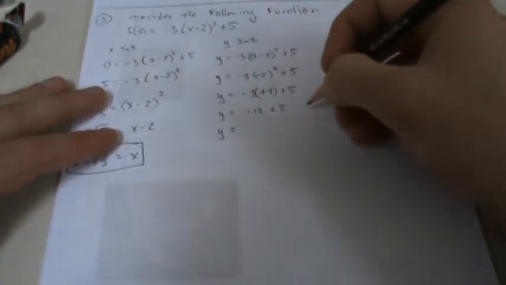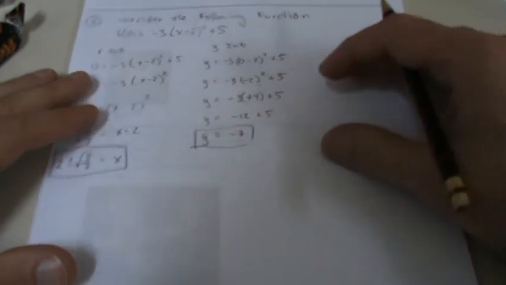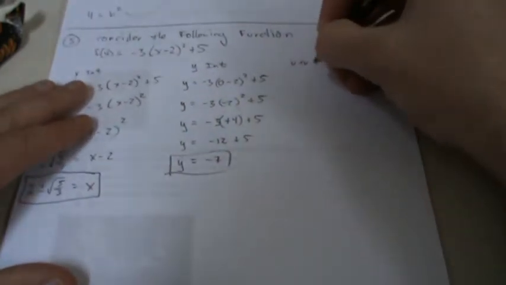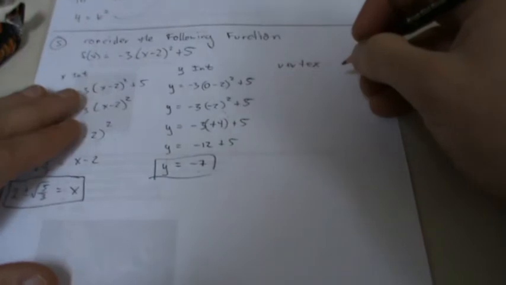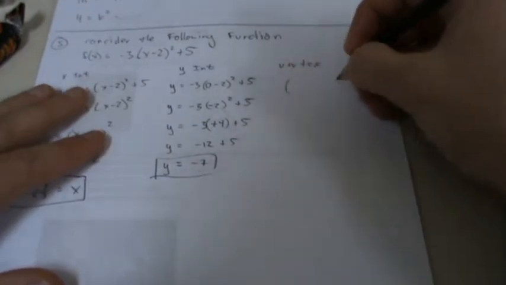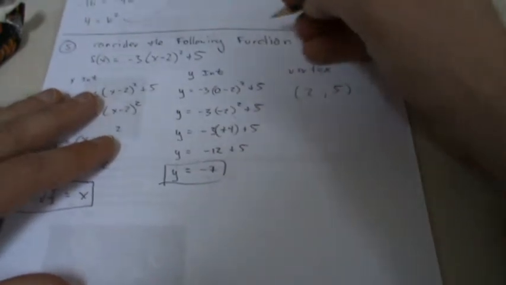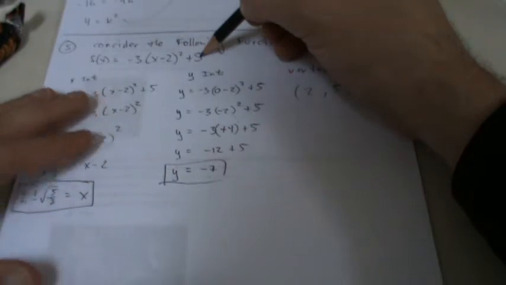Negative 3 times a positive 4 is a negative 12. Negative 12 plus 5 is a negative 7. This is my y-intercept. My vertex is 2, 5, because this is in vertex form.